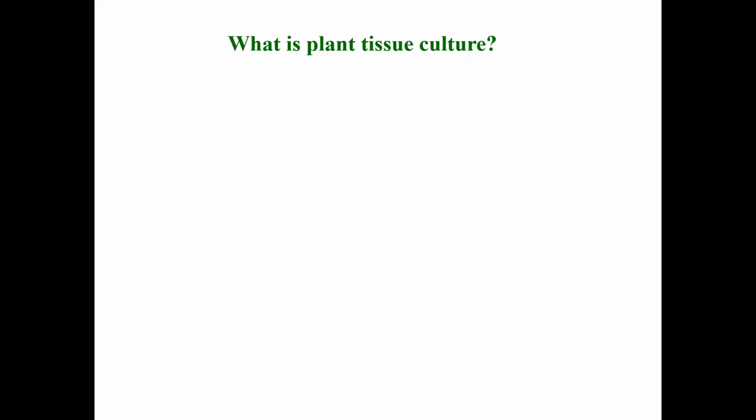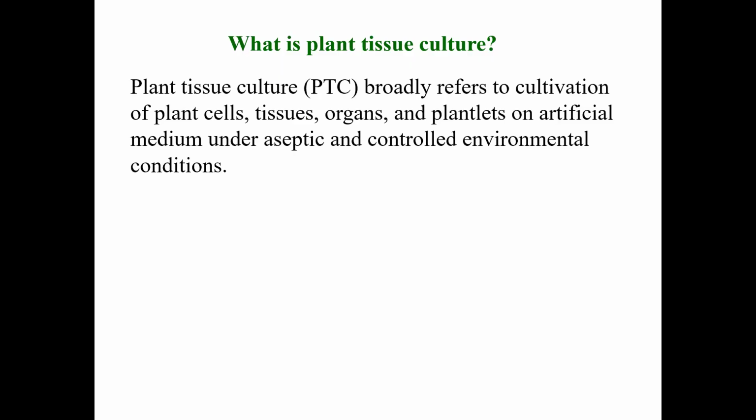So, how can we define plant tissue culture? Plant tissue culture broadly refers to cultivation of plant cells, tissues, organs, and plantlets on artificial medium under aseptic and controlled environmental conditions. Here, some key points: any part of the plant you can cultivate on artificial medium, that is, culture medium, which contains nutrients for cell growth.